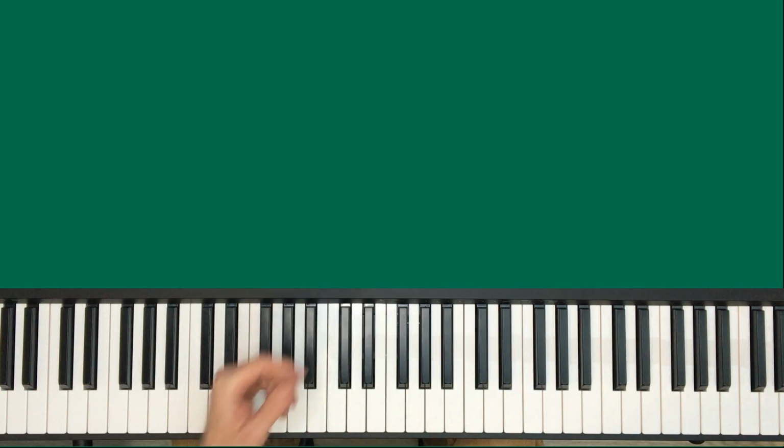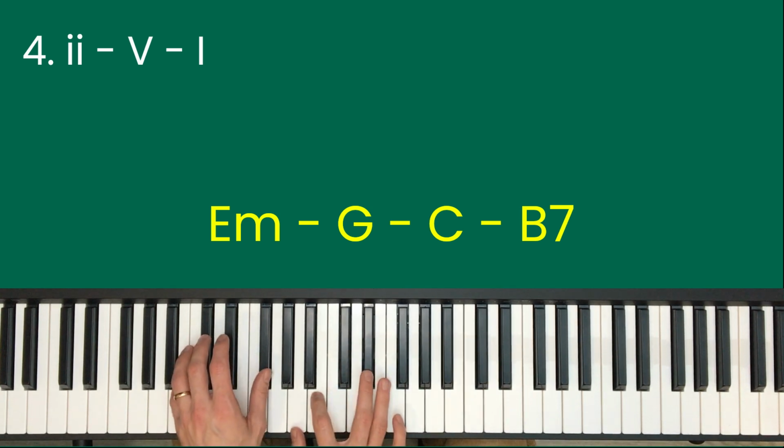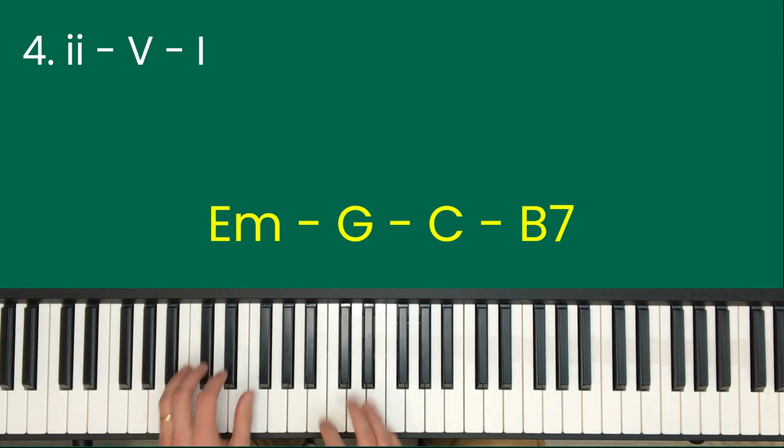Okay, so we're going to take this idea of secondary dominance and we're going to extend it a little bit. But in order to do that, we're going to make all of our primary chords in this progression, our E minor, G, C, B7, all seventh chords.